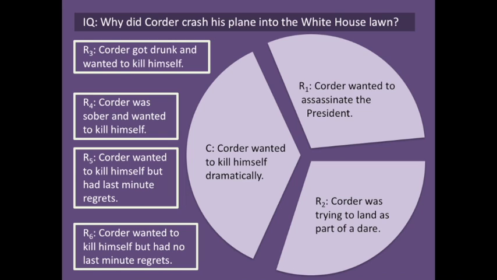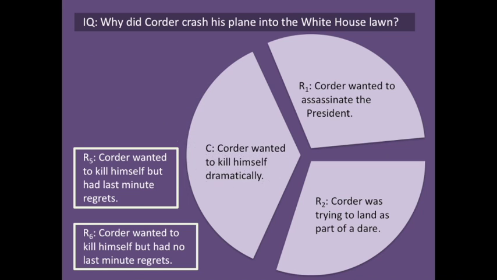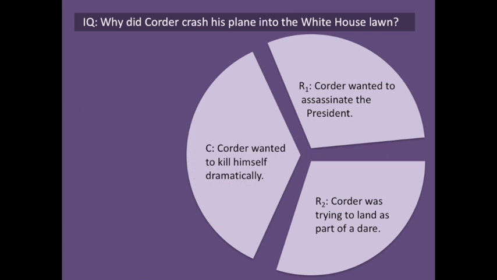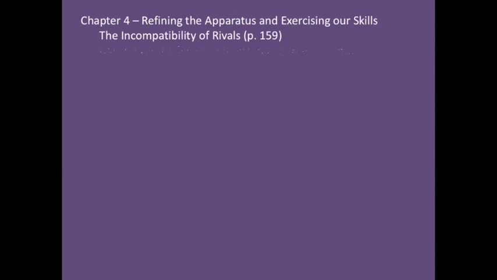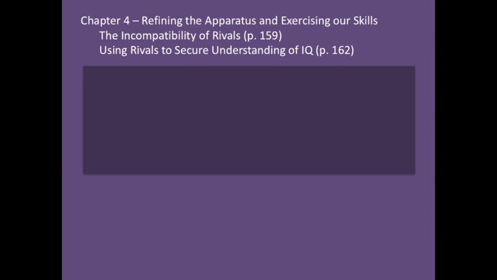Notice how R3, 4, 5, and 6 all fit into that one category. And so this set of rivals is much better. R1, R2, and C.